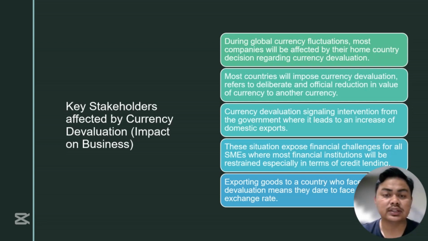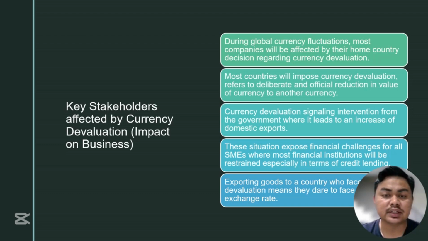So, most countries will impose currency devaluation, which refers to a deliberate and official reduction in the value of a country's currency relative to another currency. This situation may arise through various ways, such as adjusting interest rates, intervening in the foreign exchange market, or implementing monetary policy to reduce the supply of domestic currency.